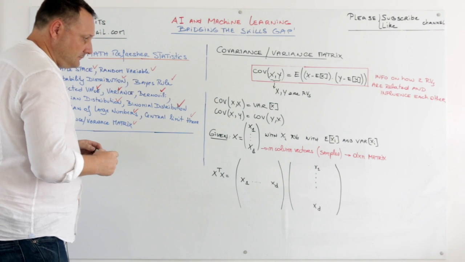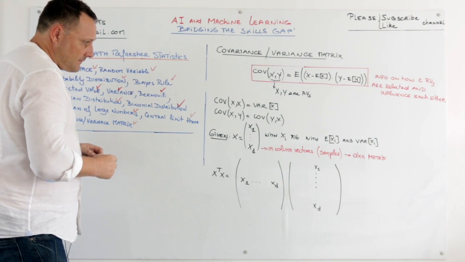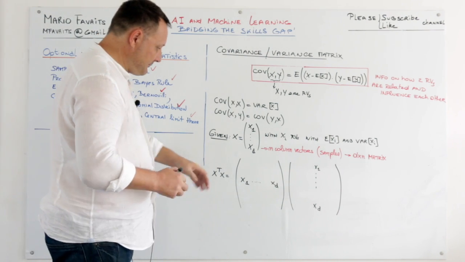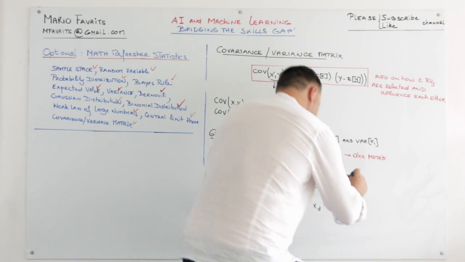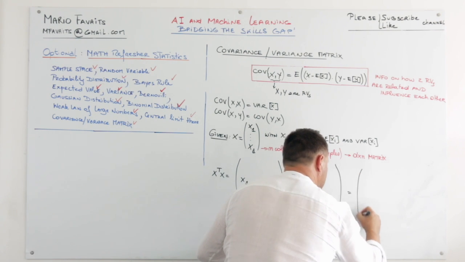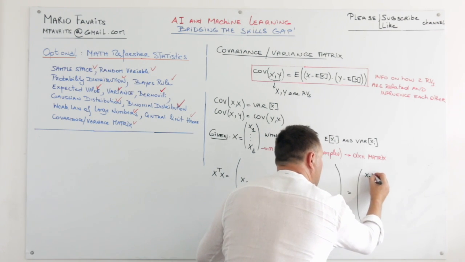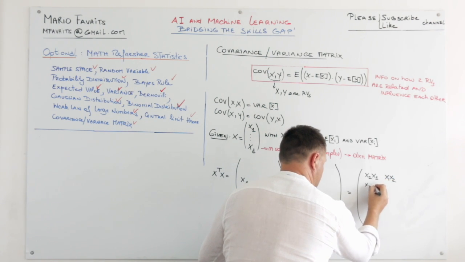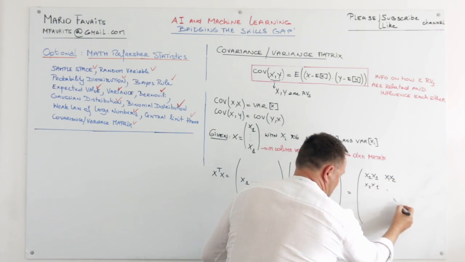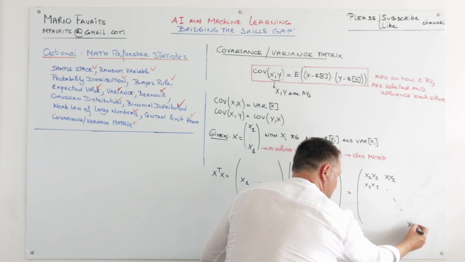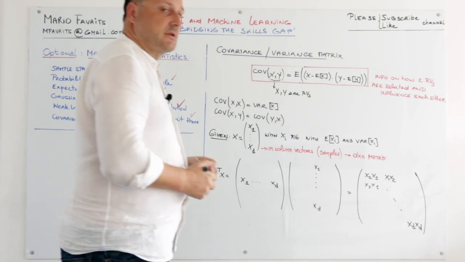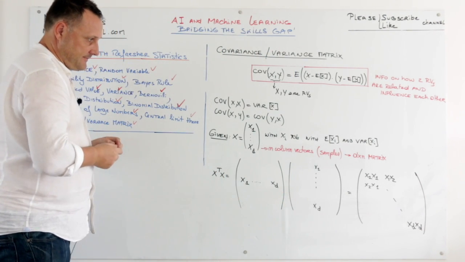Okay. Now if we're gonna calculate this product, then basically the matrix that we're gonna get is x1 x1, x1 x2, x2 x1, and all the way down to xd xd. This is the type of matrix you will get.